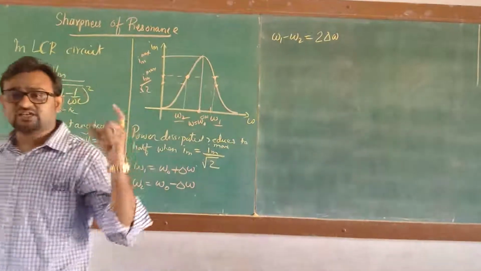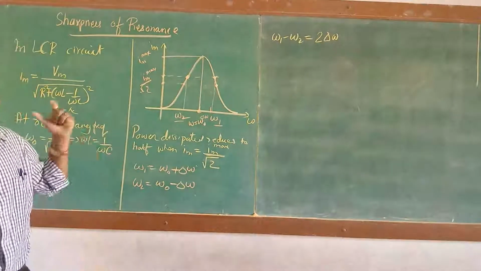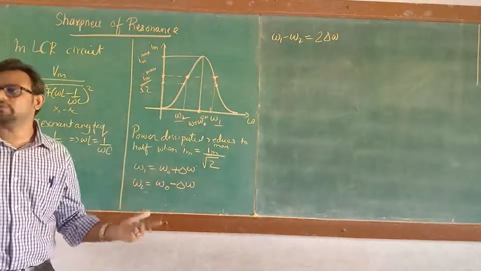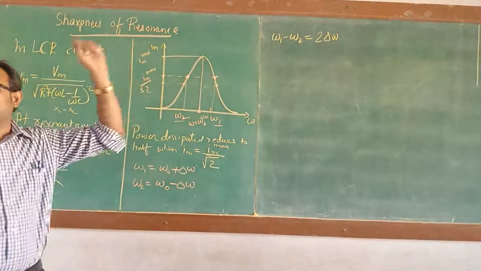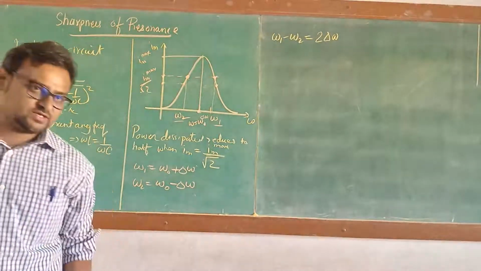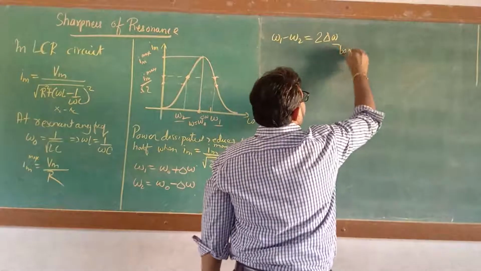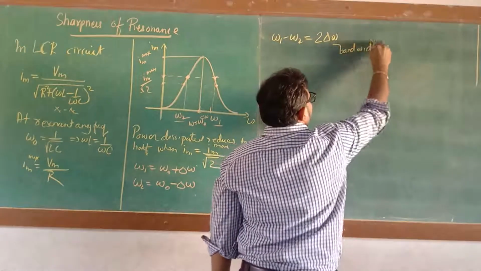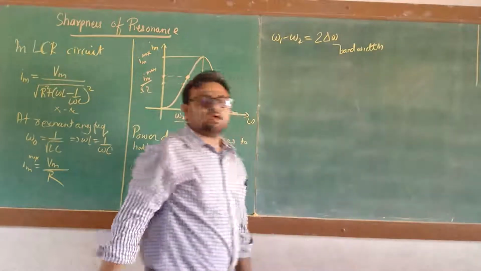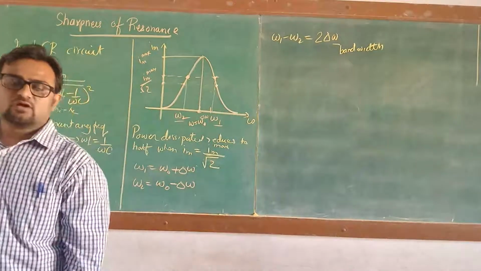So the difference in these frequencies will be 2 delta omega, and this is called the bandwidth. Clear?